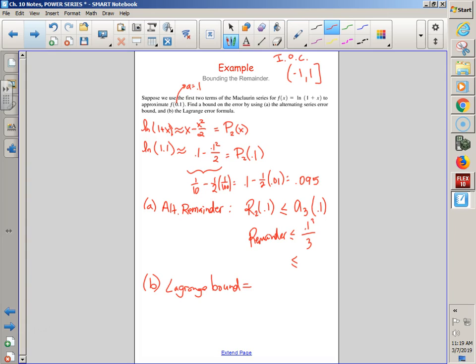It's the n plus first derivative, which means the third derivative, right? Of z, all over n plus 1, which would be 3 factorial, all times x cubed, and then absolute value.